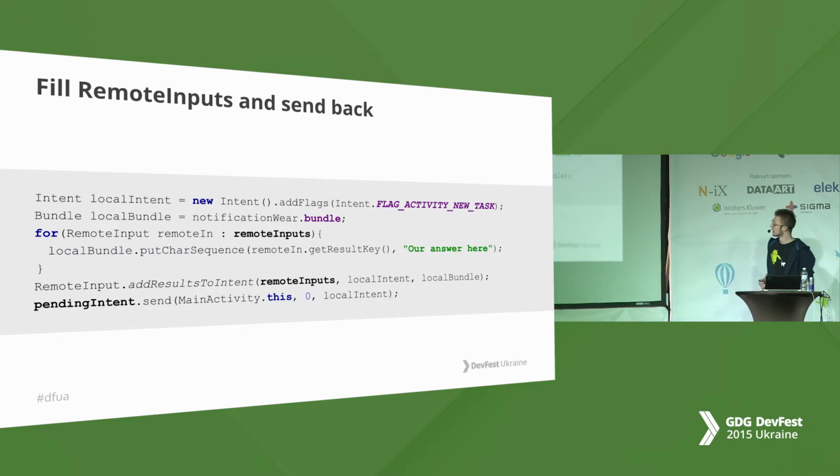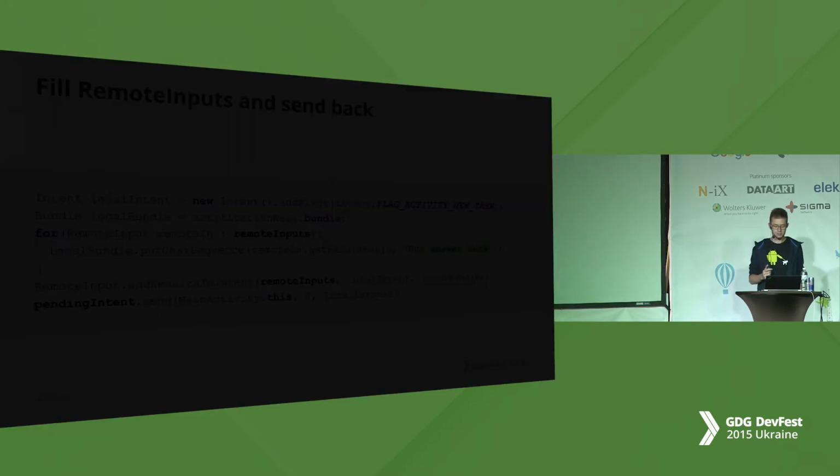Yeah, and okay, I hope it's clearly visible. Basically, we can just put a char sequence in the place with the key that the developer expects us to, and we connect it to the pending item and send the pending item back to the app that is connected to that pending item. Quite not so hard, probably.